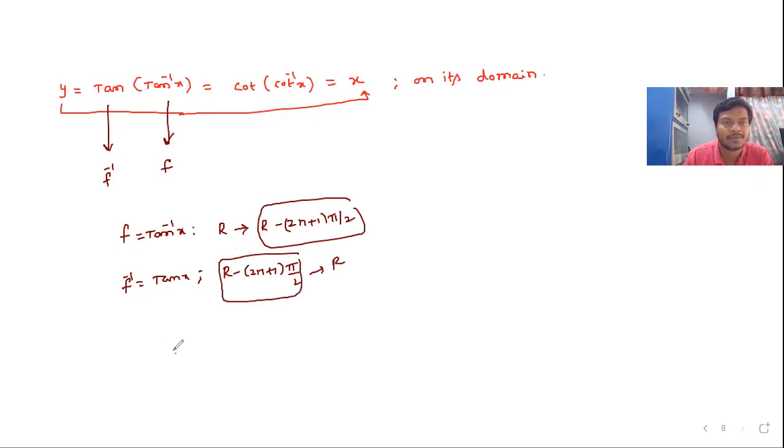Therefore, f inverse circle f, that is equal to I of x, exists from R to R.